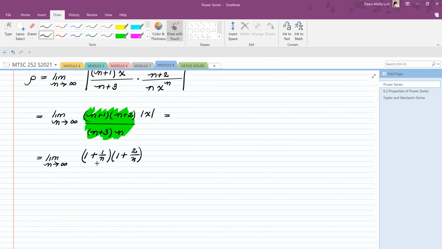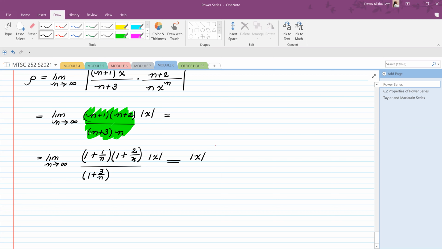And in the denominator, I get 1 plus 3 over n, and then n over n, which is just 1. And this is still times the absolute value of x. And this is actually just equal to the absolute value of x.